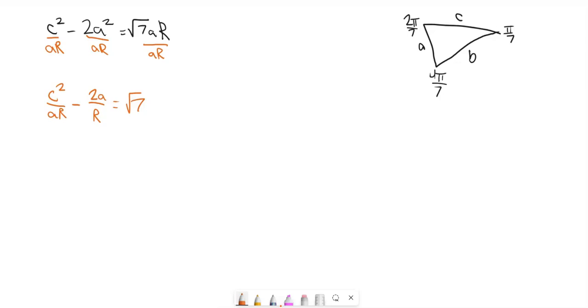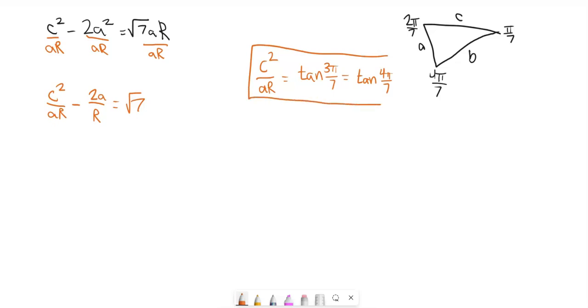Now, if you remember from the last video I did, that c squared over ar should actually look familiar. C squared over ar is equal to the tangent of 3 pi over 7, and because of the way the sine ratios work, it is also equal to the tangent of 4 pi over 7.